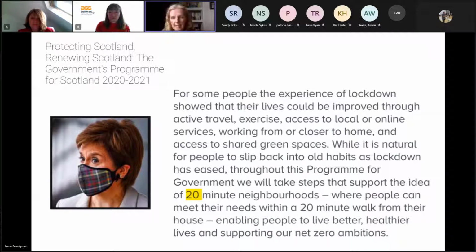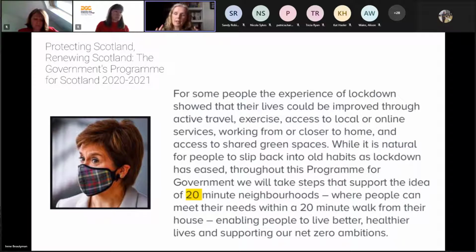And all of that is shaped into this term, a 20-minute neighbourhood, where it enables people to live better, healthier lives, and at the same time is supporting our net zero ambitions. So there's an ambition there to keep this local living as something that we continue post-COVID and as part of our recovery from COVID.